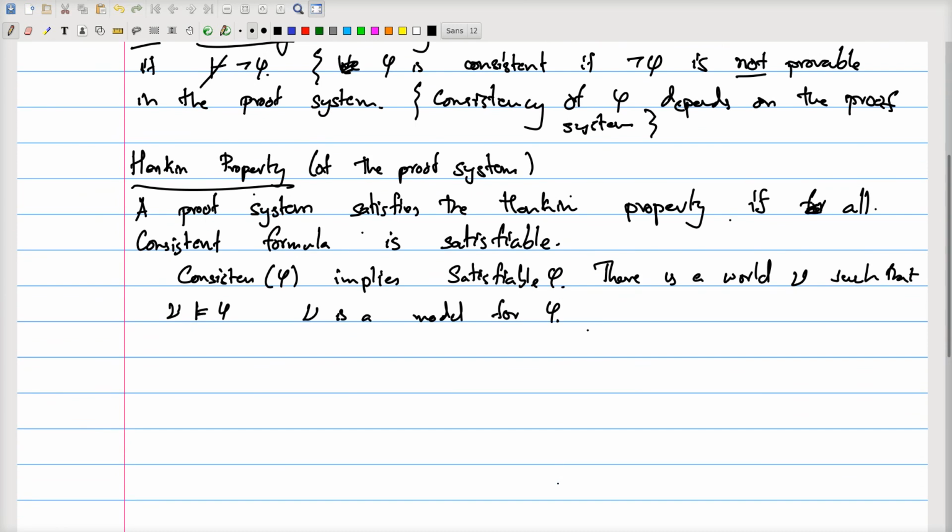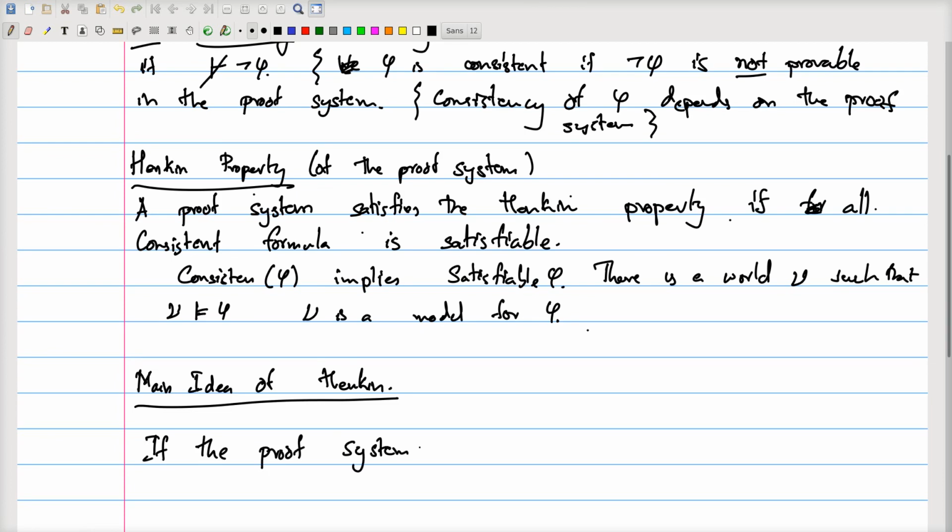Now what we show is, so the main idea of Henkin is that if the proof system satisfies the Henkin property, then it is complete.